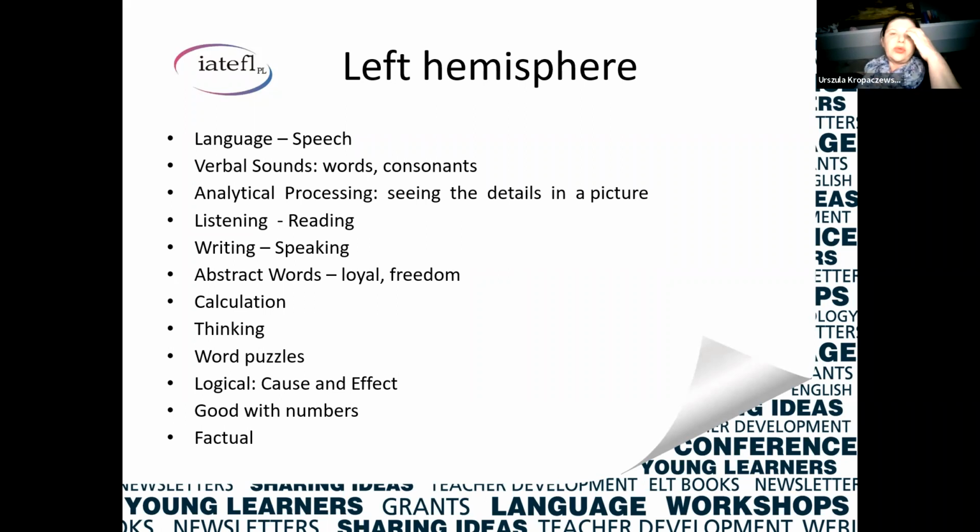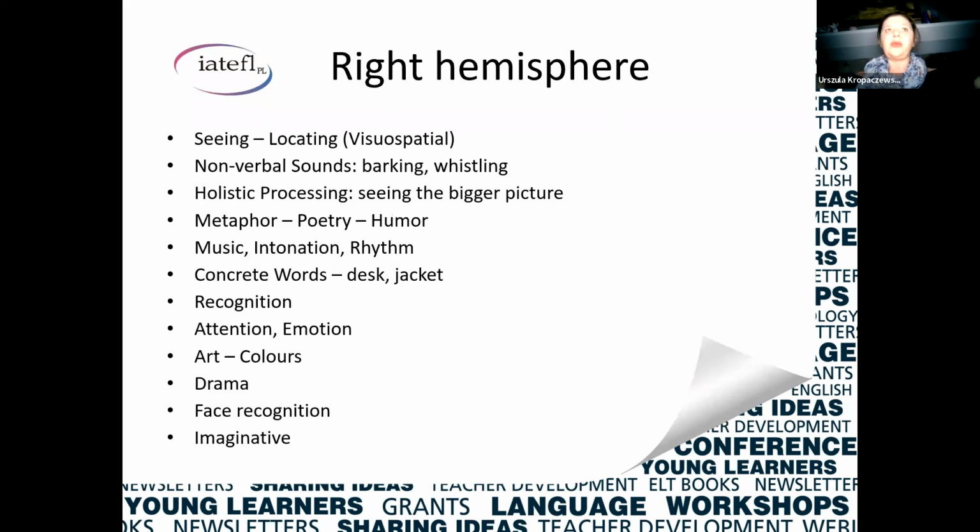Those people who are left dominant are better at numbers. They are better at remembering words. They are better at maths generally. They are better at language. But we need the right hemisphere because there are non-verbal sounds, there is poetry, there are metaphors, there is music, there are pictures, there is art, there are colors.